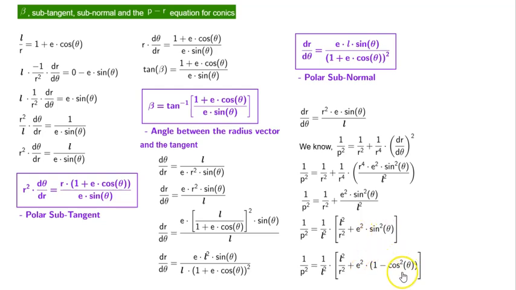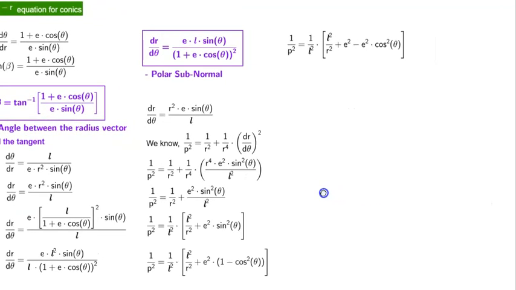We substitute sine square theta with 1 minus cos square theta. Let's proceed further. 1 by P square is equal to 1 by L square times L square by R square plus E square minus E square cos square theta. So we open up this bracket.